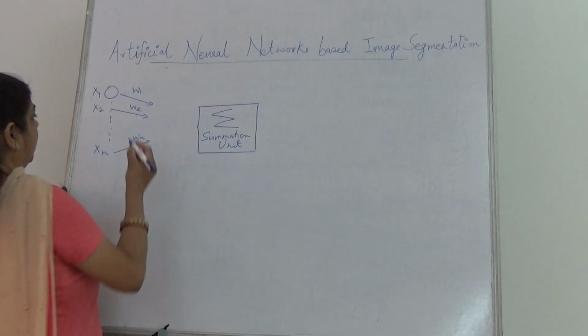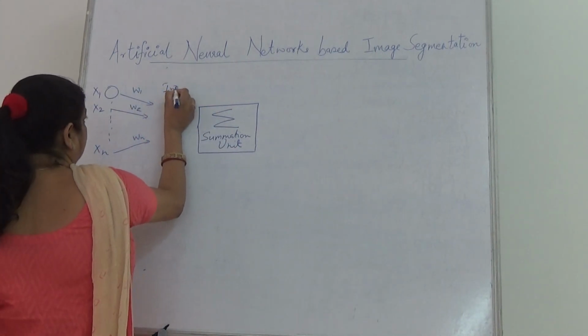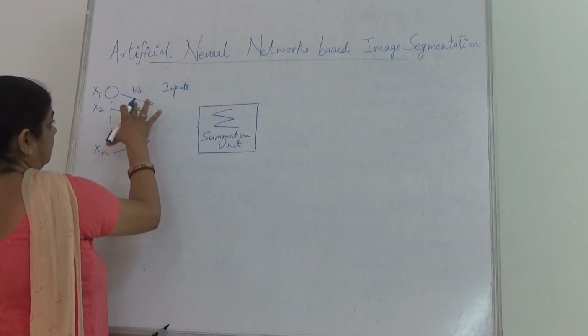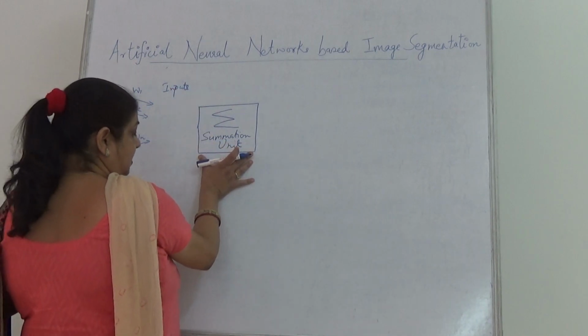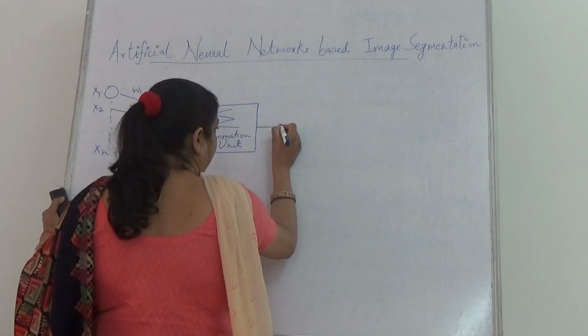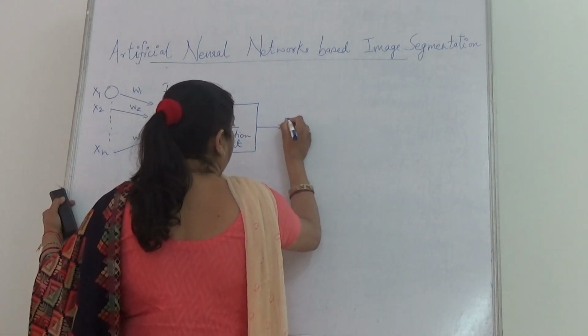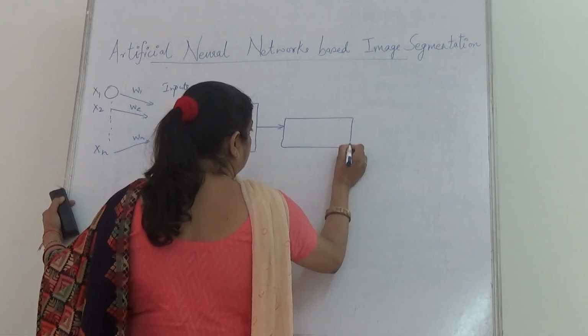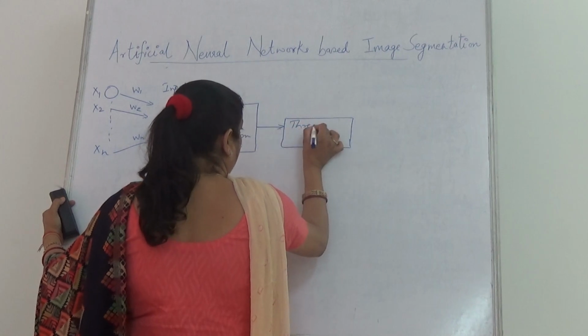These are our inputs, we can say. These nodes are the inputs to the network, and then we have a block called the threshold block.